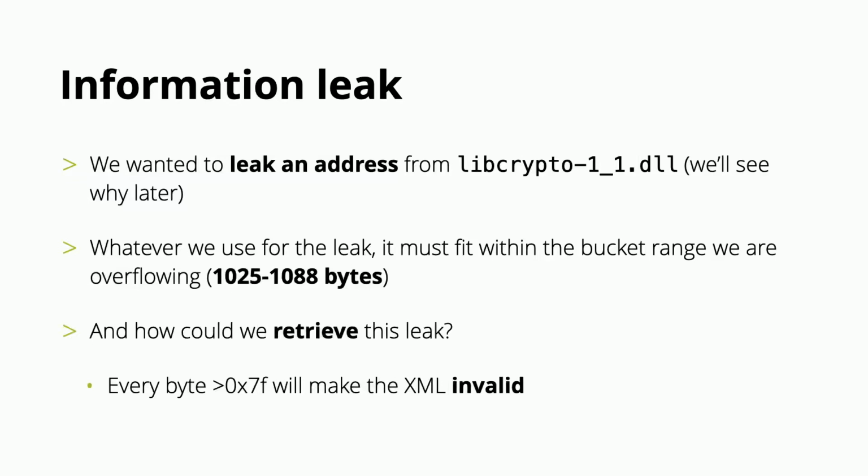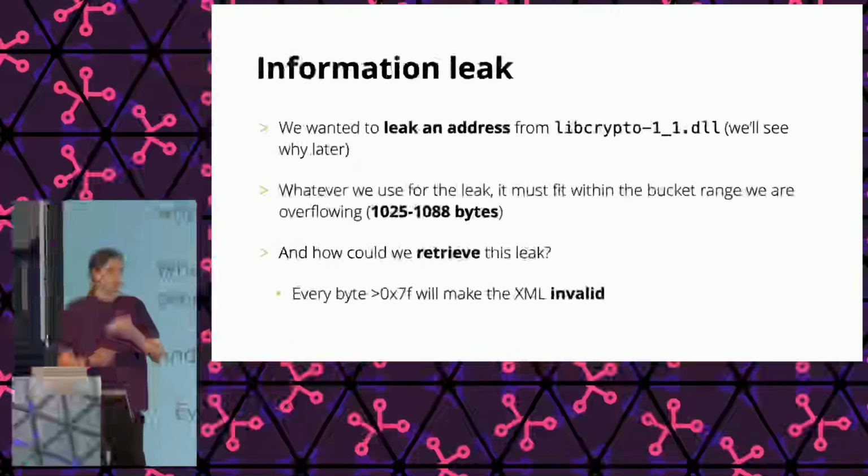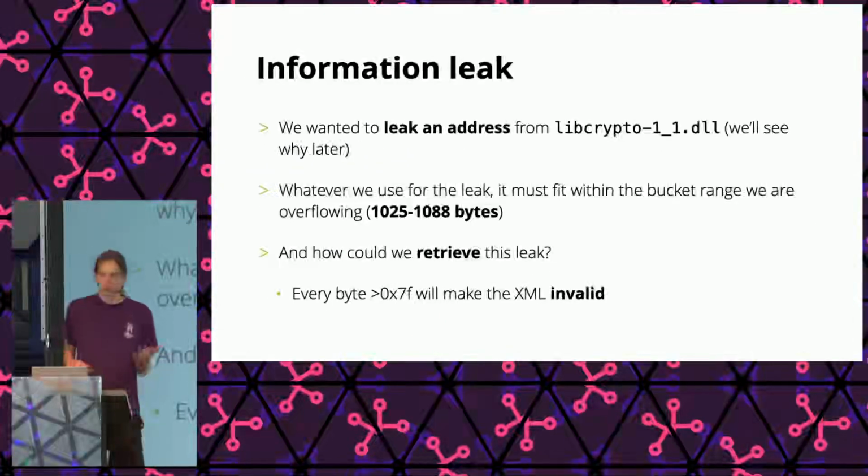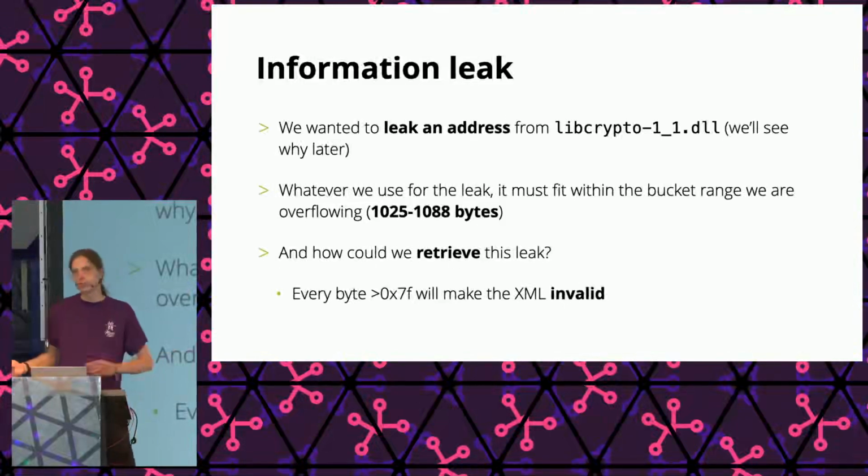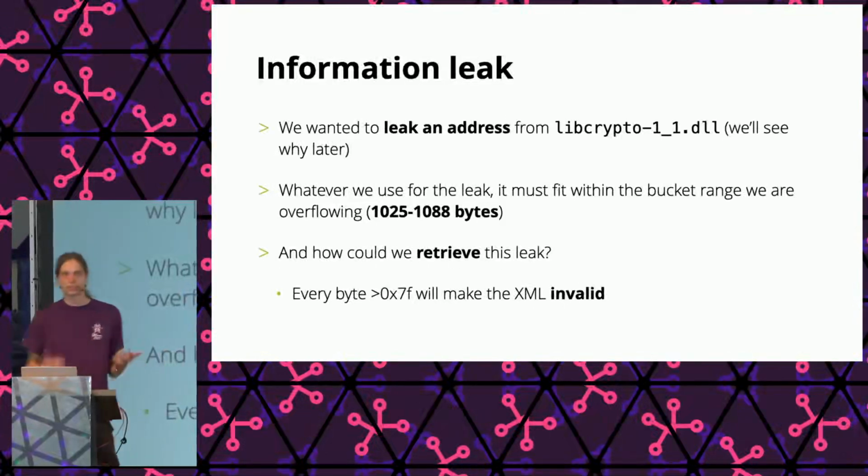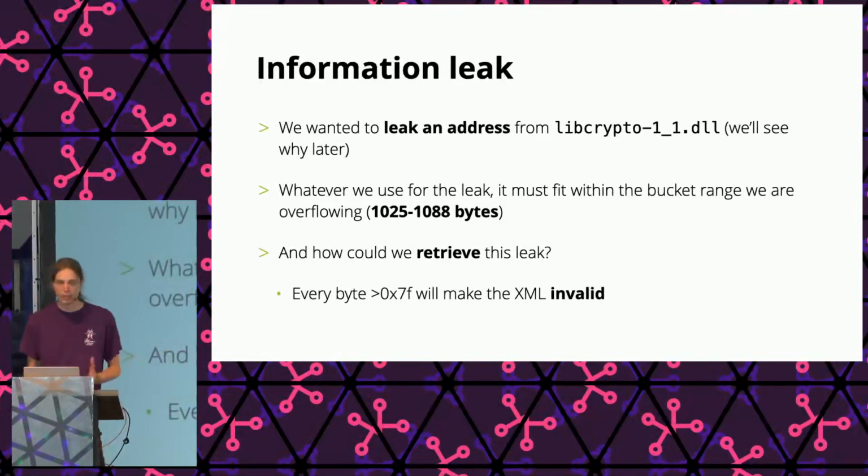We needed to know what the memory contents are, but XMPP means that it's XML that has to go through the server. And if you send something that's not valid XML, then the server will close the connection and it will not go to us. So sending that information leak over XMPP wasn't really an option.